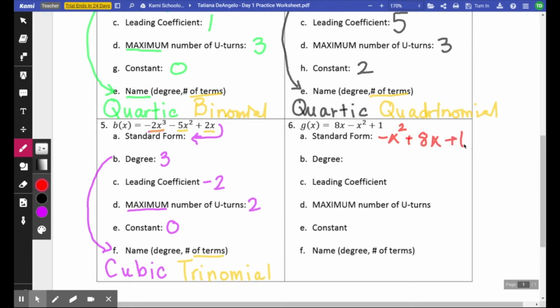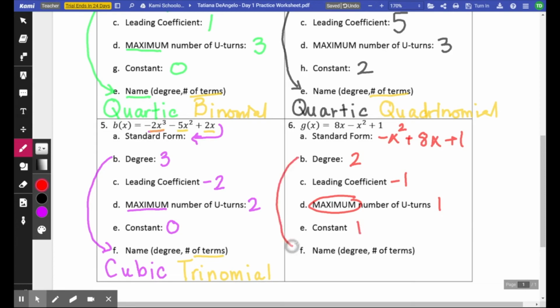So my degree is 2. My leading coefficient, the number in front of the variable, is negative 1. The maximum amount of u-turns, which is always 1 less than the degree, is 1. My constant, the number without a variable, is also 1.